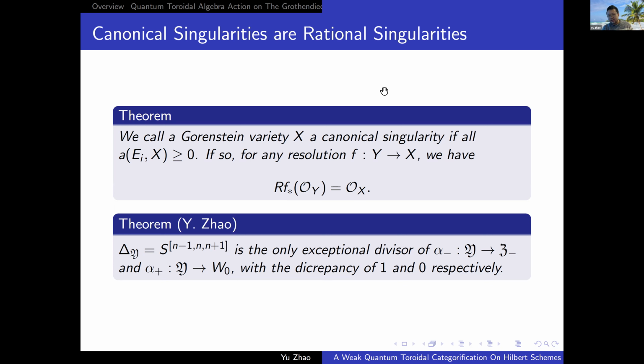Because it is blowing up a codimension 2 locus with a codimension 2 scheme, we could see that the discrepancy would be 1. I should say that when we blow up a regular codimension K scheme, we know that the discrepancy would always be K minus 1. Okay, so any question over here?